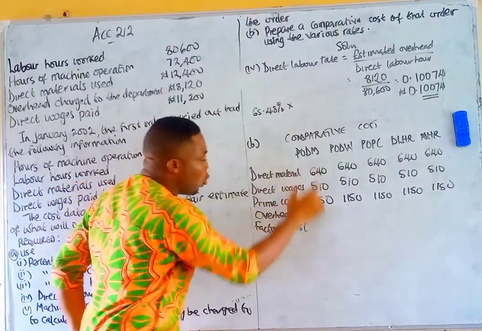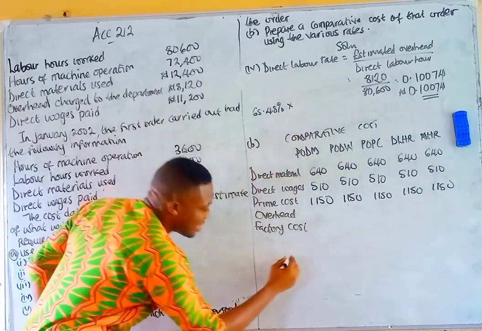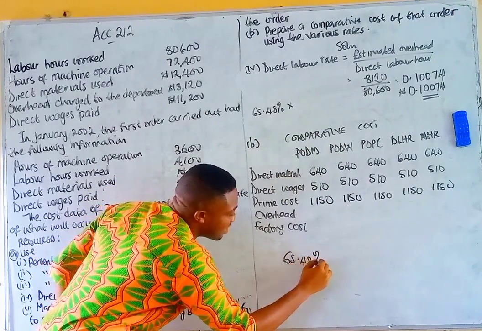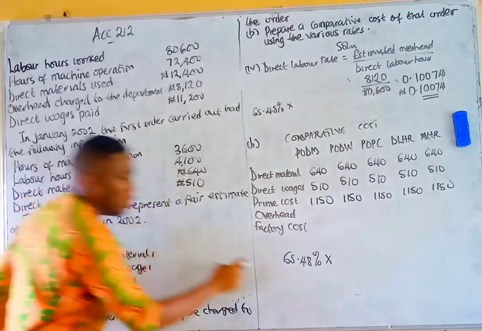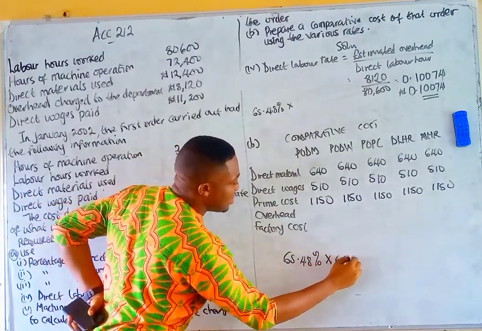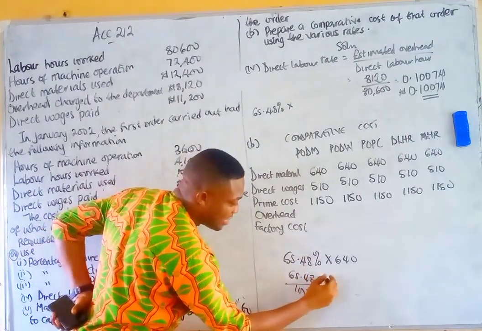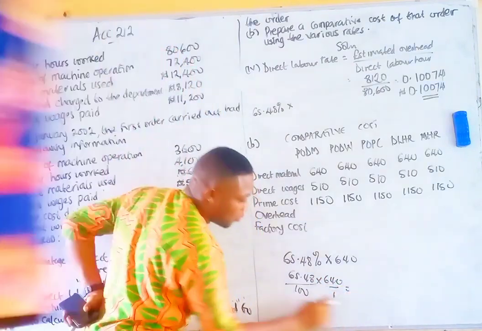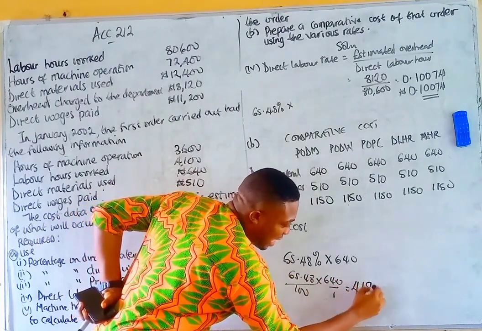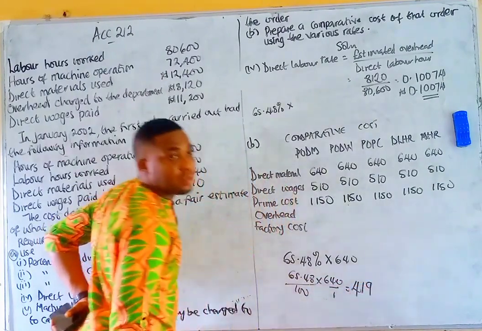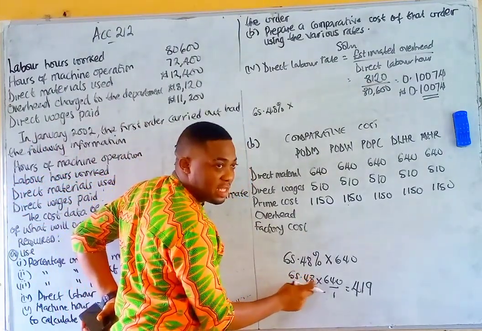So the overhead on percentage on direct material would be 65.48% multiplied by the direct material for this year. So 65.48% times 640 is 65.48 over 100 times 640 over 1. So if we do this, what do we have? 419. 65.48 divided by 100, what do we have?